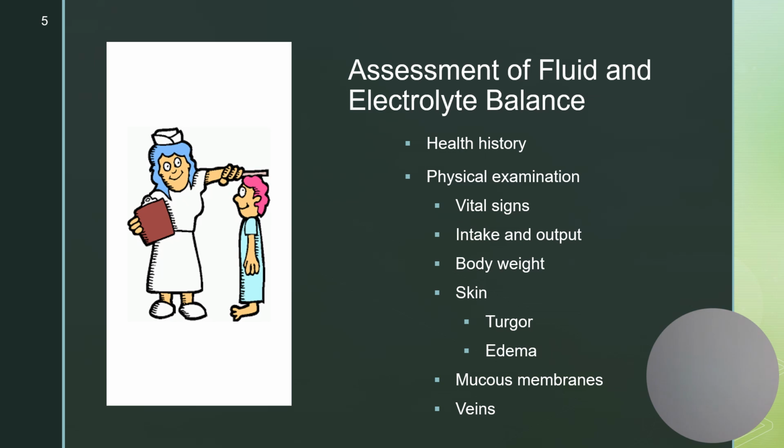Remember, client care always comes first. We're going to do this before contacting our provider if it is relevant. There are going to be some issues where the client's condition is so severe that I need to contact the provider.